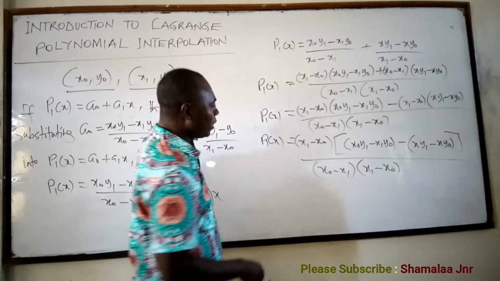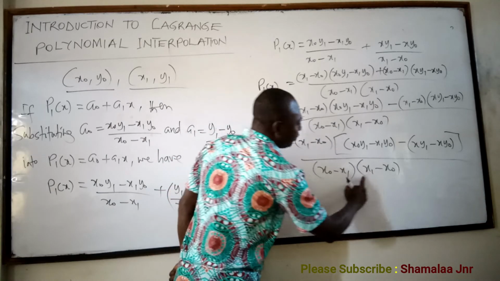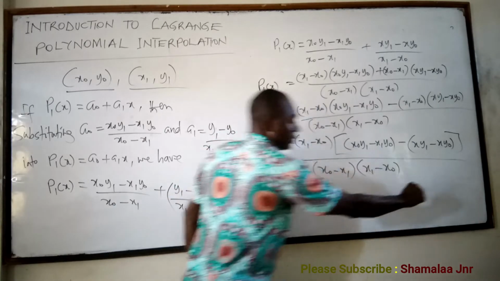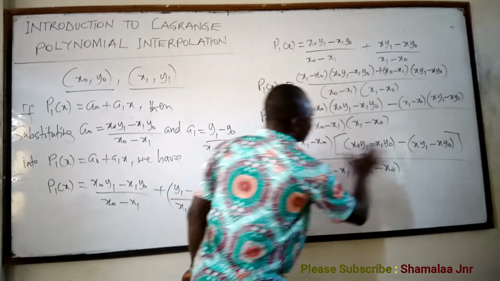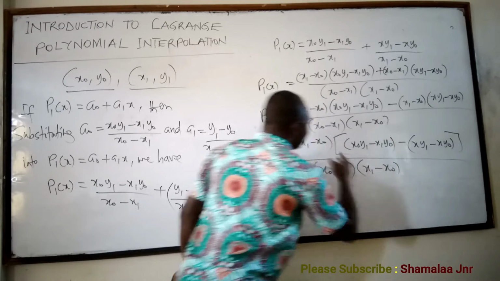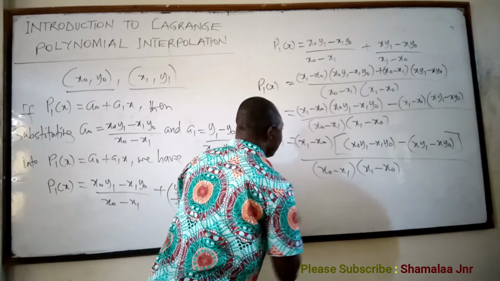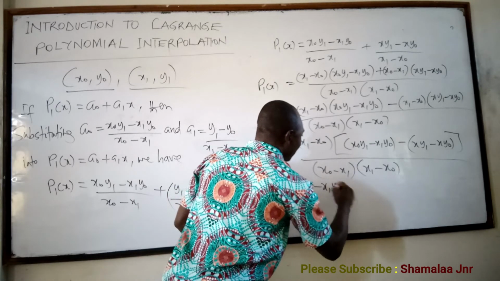Now, let's look on the board. You can see that S1 minus S0 is here, and you have S1 minus S0 also being here. So this will cancel this. Isn't it? So if you do that, then you are going to be left with what you have here. So let's expand it. This has cancelled this. You are going to have S0 Y1, let me write it well, S0 Y1 minus S1 Y0.